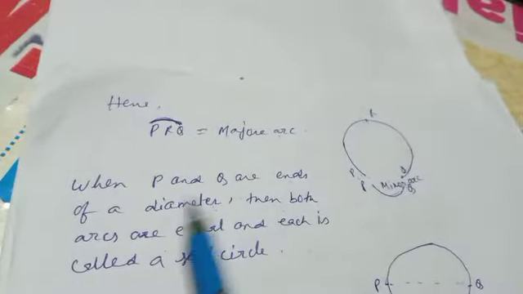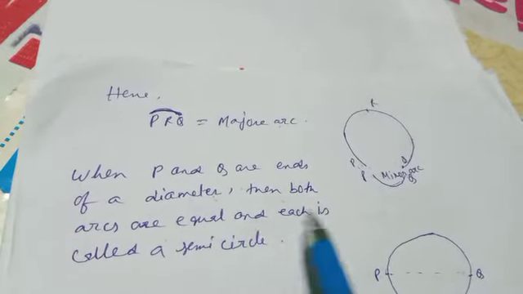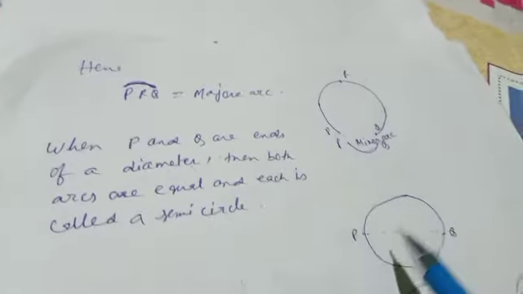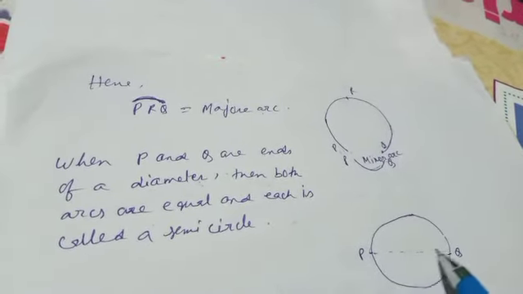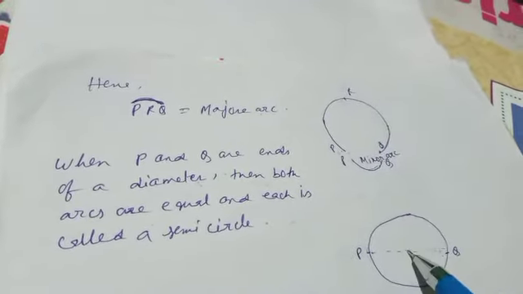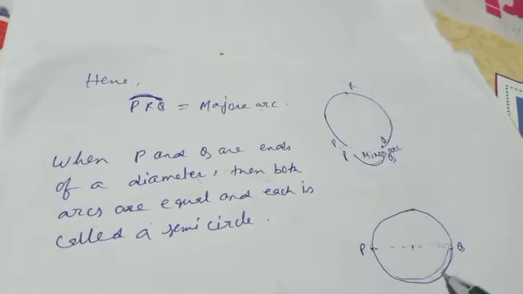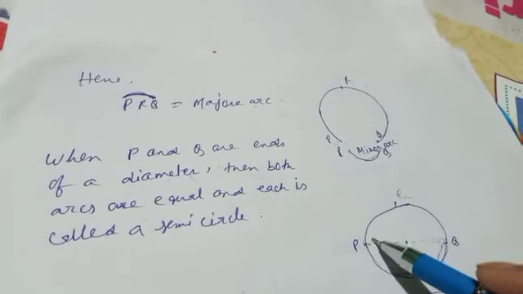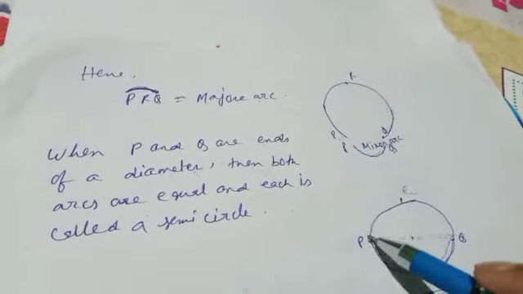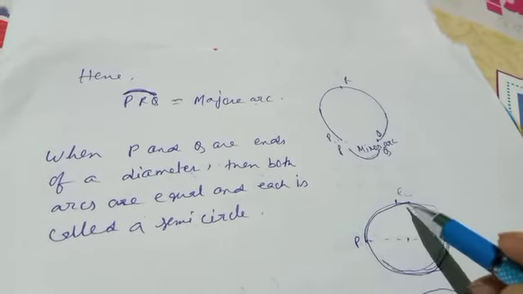When P and Q are ends of a diameter, then both the arcs are equal and each is called a semicircle. Suppose you have this point P and this point Q, and PQ is the diameter, the longest chord. Then this arc PQ and this arc PQ, they are what?